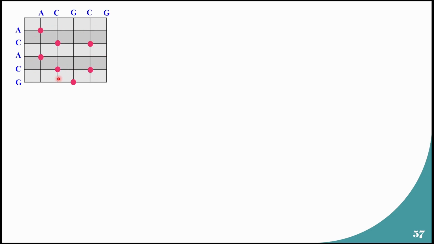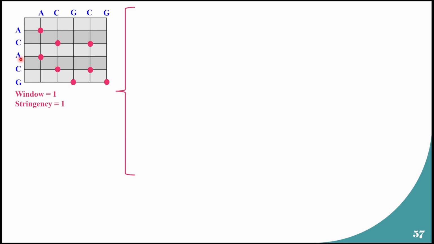And when you finish constructing the plot, you will see that in this particular region, there is a diagonal, right? So this A versus C, A, CG, CC and GG, they ended up creating a diagonal. And interestingly, if you project that onto both of these reaction coordinates, you will see ACG is the part that is common among both of these sequences, okay? So with a window size of 1 and a stringency of 1, you could get this value and you could overlap the ACGs together. So they are the matching part.